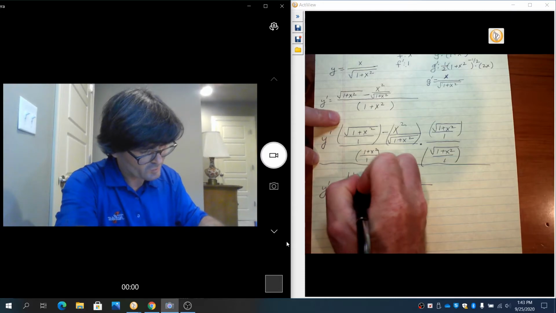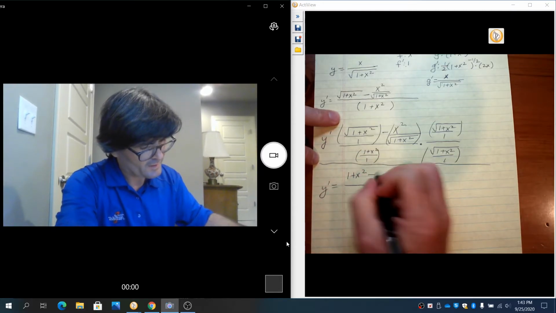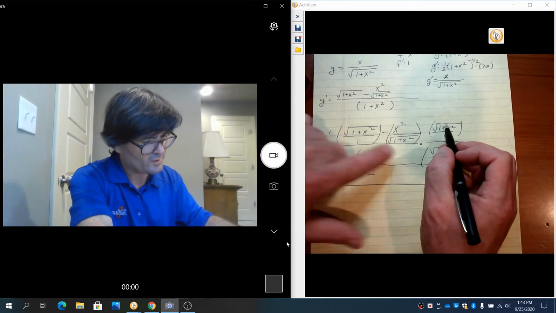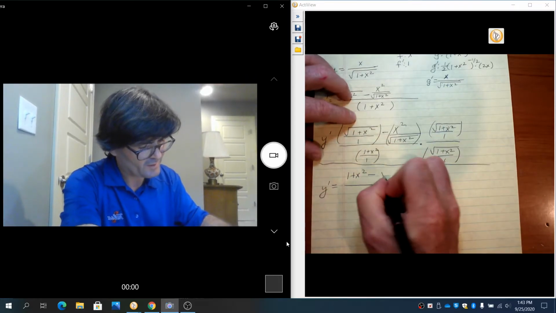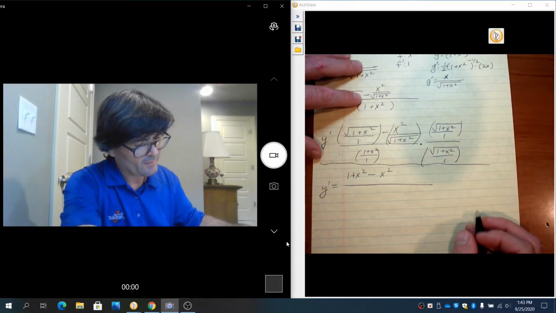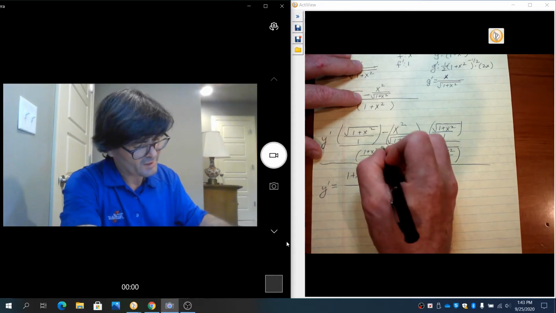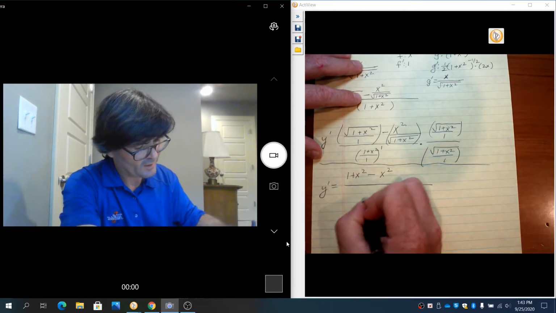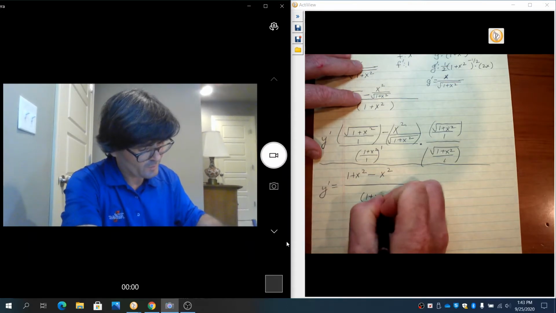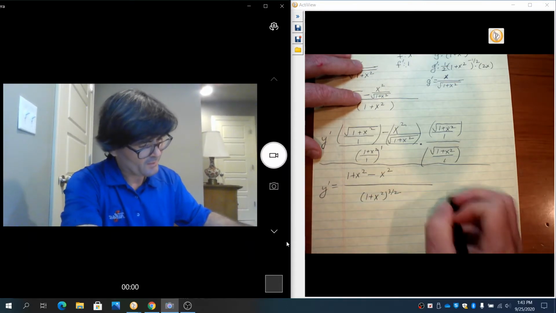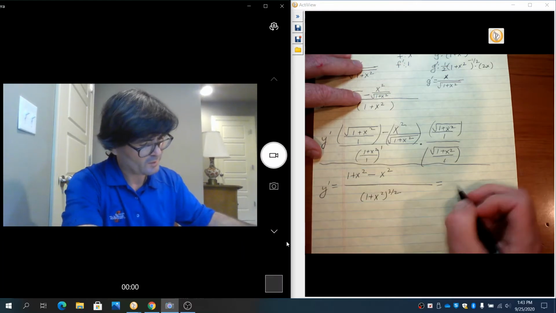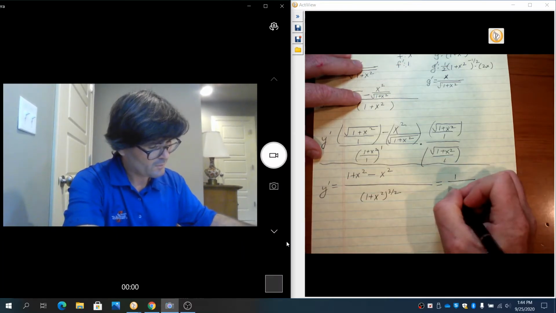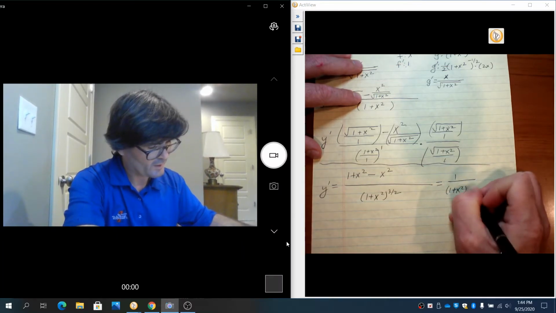1 plus x squared, and then minus this times this, the top and the bottom would cancel out, then you'd have minus x squared, and then you'd have 1 plus x squared to the 1. This is really 1 plus x squared to the 1/2, so you'd have 1 plus x squared to the 3/2, and then x squared minus x squared go, so you'd have 1 over 1 plus x squared to the 3/2.